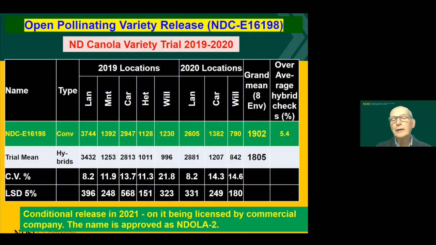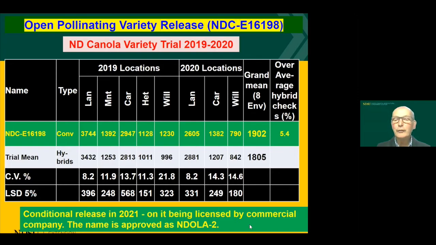We also have at NDSU a breeding program that has been in existence for some time now. And this is some data that is provided by the breeder. And on the top line, on the green line, you'll see the line that he has been testing for a number of years in various locations in 2019 and 2020.